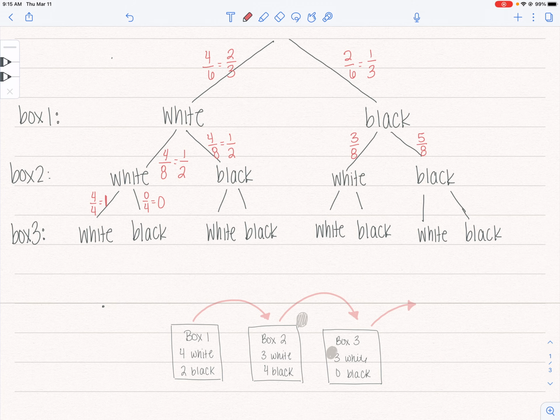Okay, I'm going over to the next side. Before we drew a white ball, now this one says, assume you're going to draw a black ball out of box 2 and put it into box 3.